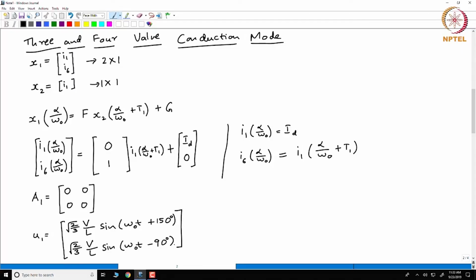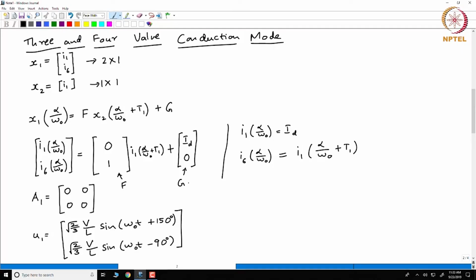Now if we want A2 and U2, we have to just consider the second subinterval. So far what we have done is we have found A1, U1, but before that we also found F and G. Please note this matrix 0, 1 is F and this matrix ID0 is G. So the only thing to be determined is A2, U2.